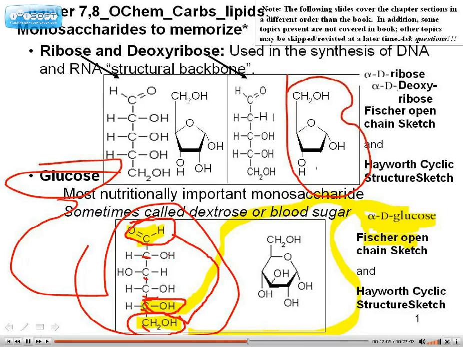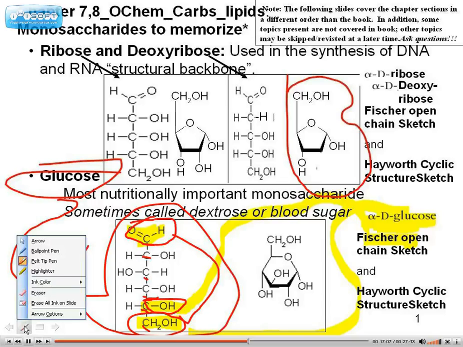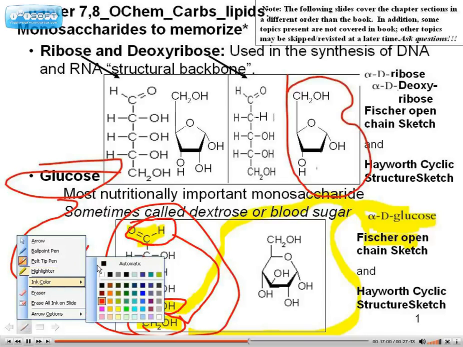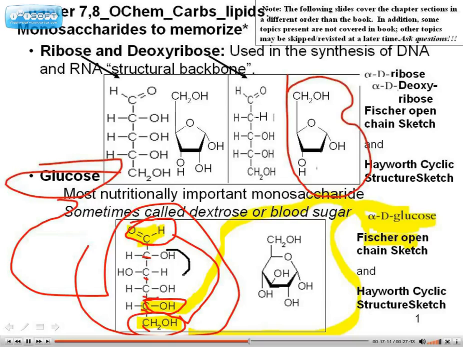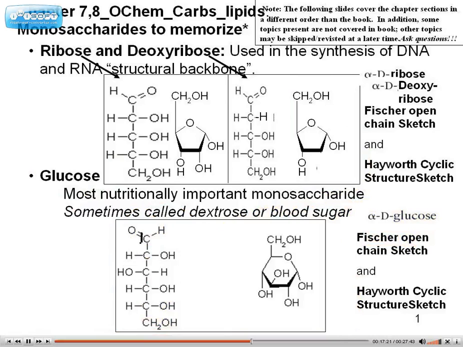Now the rest of these, which I'll highlight in black, are ones you're going to have to memorize. As I labeled earlier, carbon 1, 2, 3, 4. So for carbons 2, 3, and 4, you're going to have to memorize.